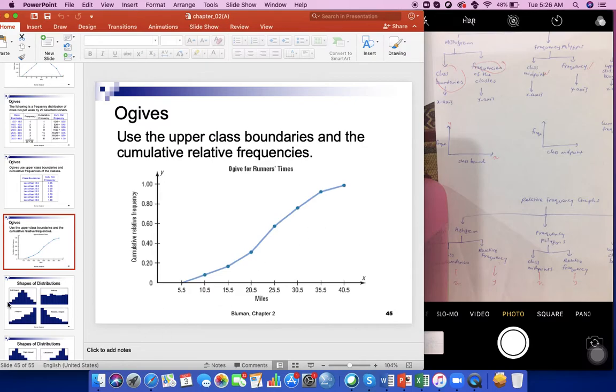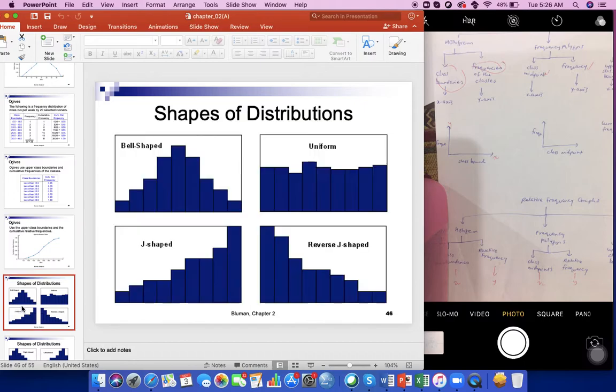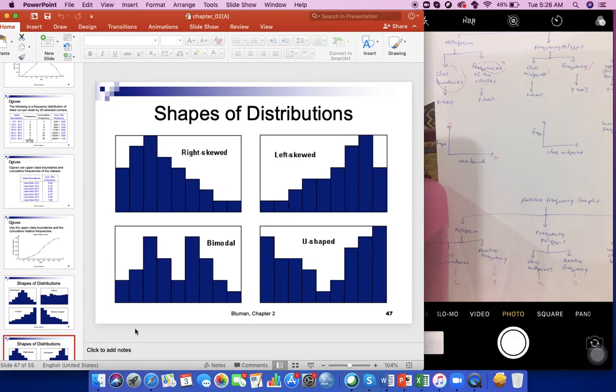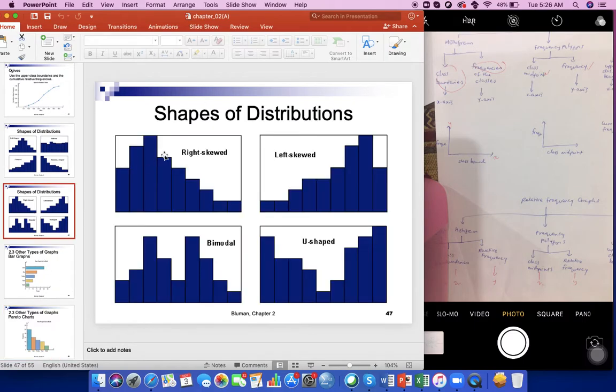Apart from histogram, frequency polygons, and OGIVE, we also have other shapes of distribution: bell shape, uniform, J shape, reverse J shape, right skew, left skew, bimodal, and U shape.